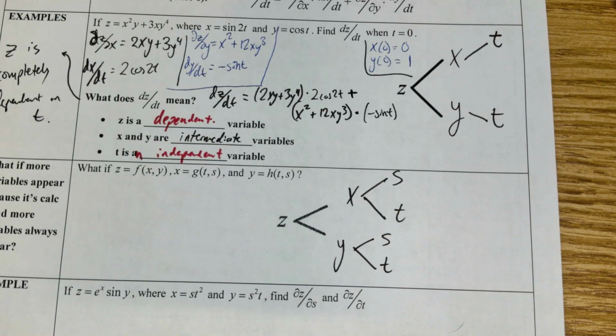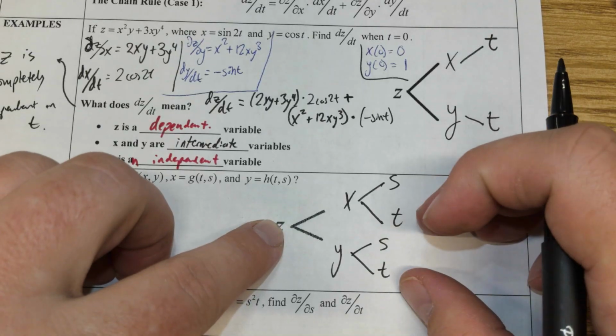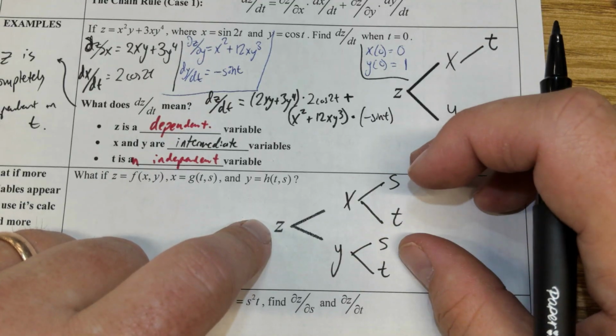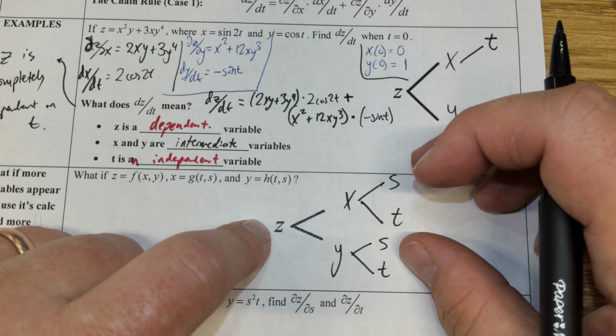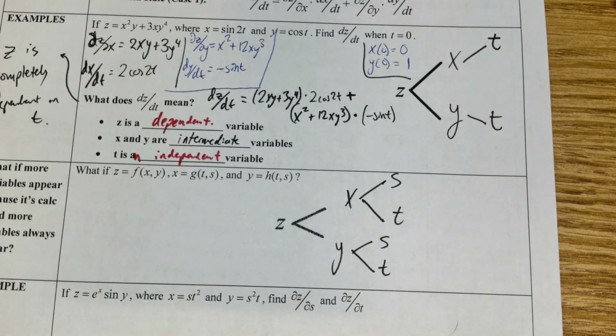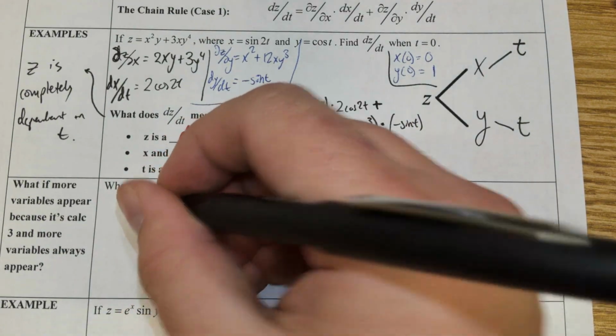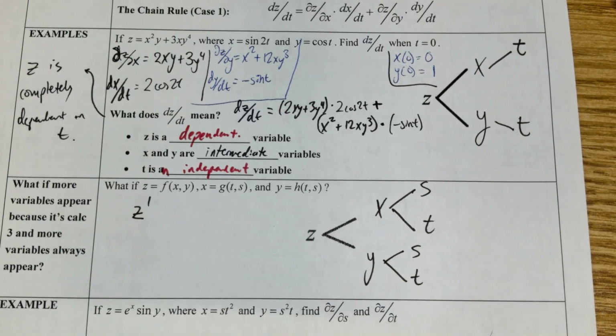So, let's ask this question. Is Z completely dependent on T? No. Is Z completely dependent on S? No. Z is actually always dependent on multiple sources. So I can never write just like Z prime, because it's so nuanced.